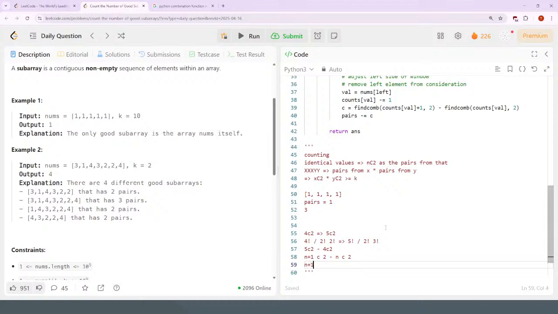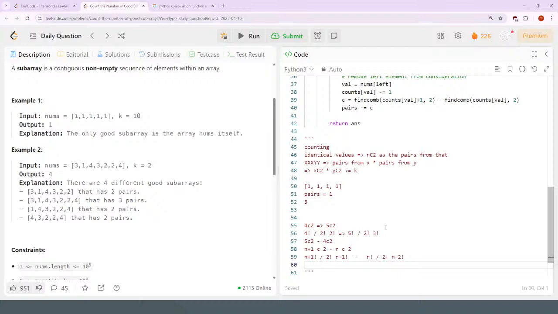So this is n plus 1 factorial divided by 2 factorial times n minus 1 factorial. Is that right? 5 is n plus 1, n is 4, 4 minus 1, yeah, okay. Minus n factorial over 2 factorial times n minus 2 factorial.